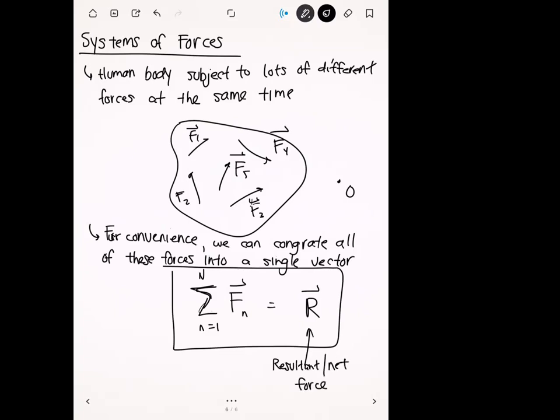This is really convenient because instead of dealing with a lot of different force vectors, if you simply add them all together, you just get one single vector. All right, any questions on this?